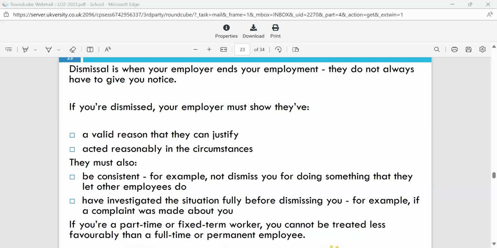It could be constructive dismissal, where the employee resigns because of the employer's conduct, or it may be wrongful dismissal, where the employer dismisses an employee in breach of contract.